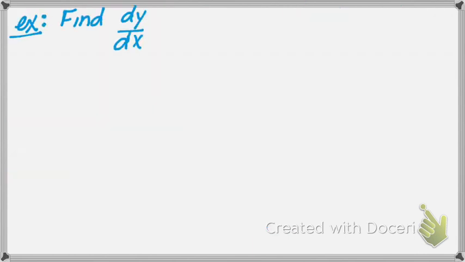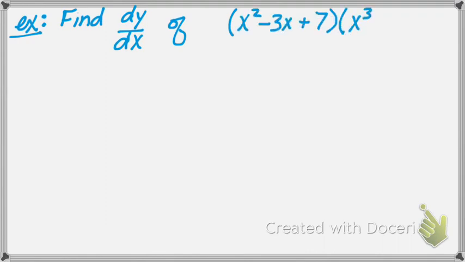Let's do another example with polynomials. Find dy dx, where y equals (x squared minus 3x plus 7) times (x cubed minus 1).